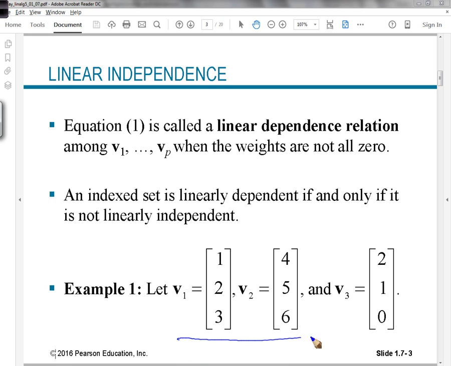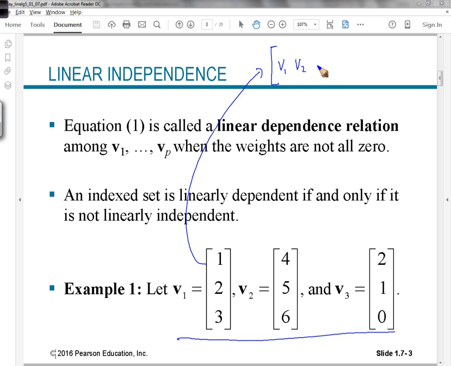Okay, so let's look at this example. The question is, we have to determine whether these three vectors that we are given are linearly independent or dependent. That's the main question that we have to solve in this chapter. It's really simple. It boils down to this reduced echelon form again.